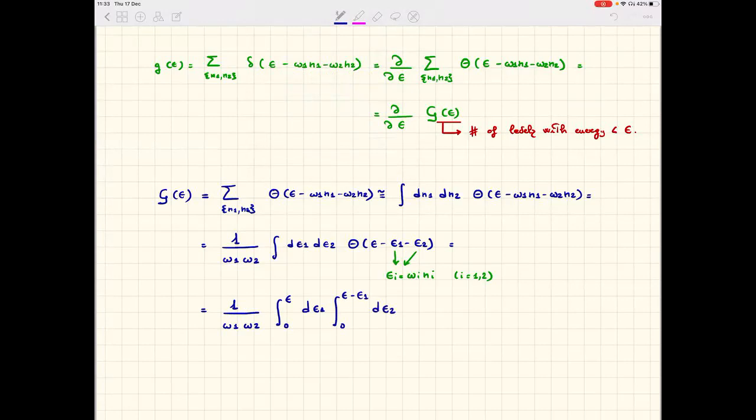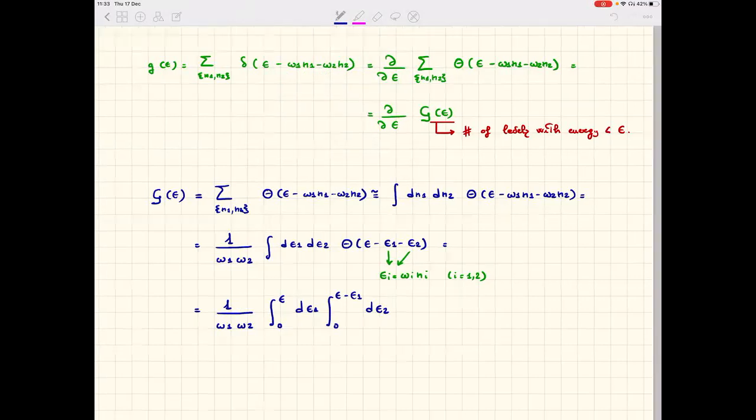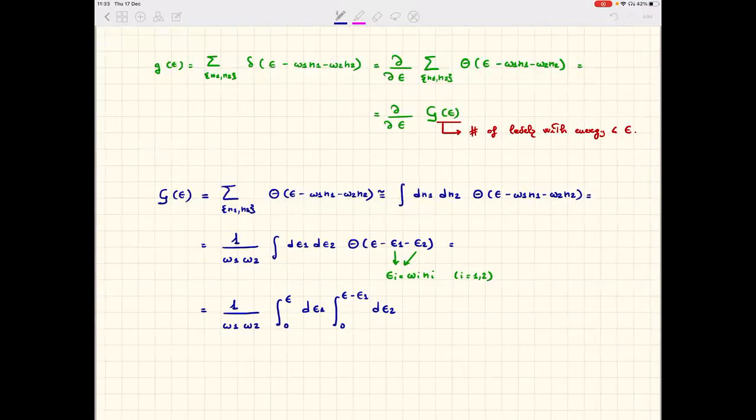This is what I've written up before. You see that if I integrate over epsilon 2, I have to be between 0 and epsilon minus epsilon 1 because of this theta function, because epsilon 2 starts from 0.